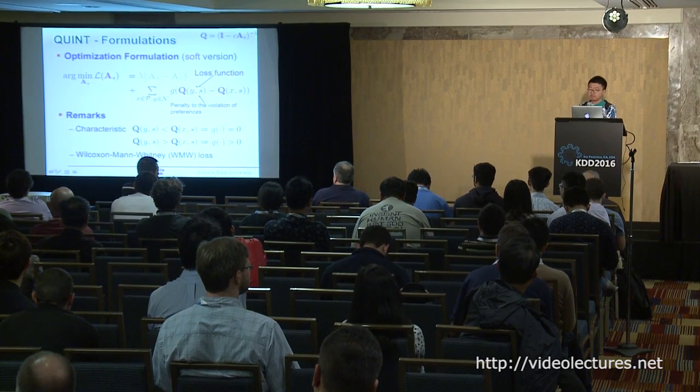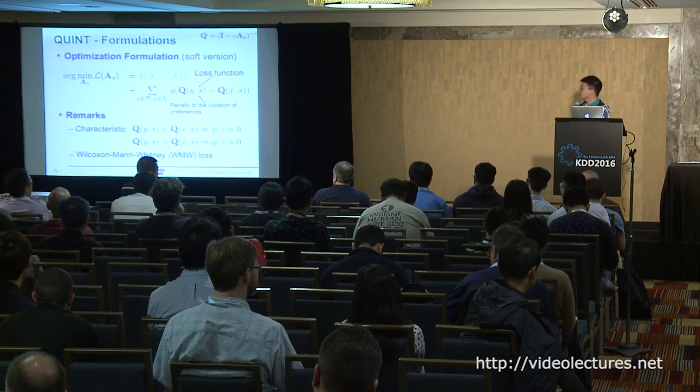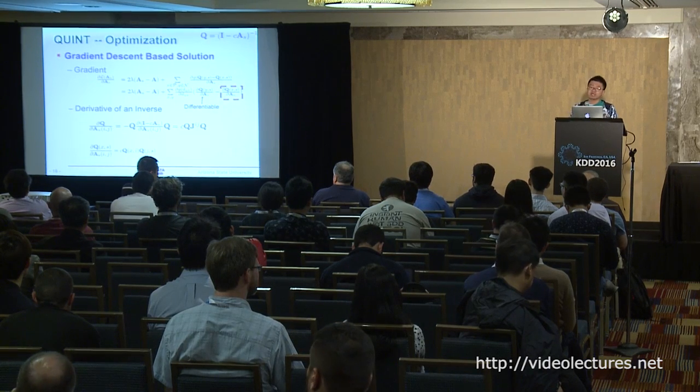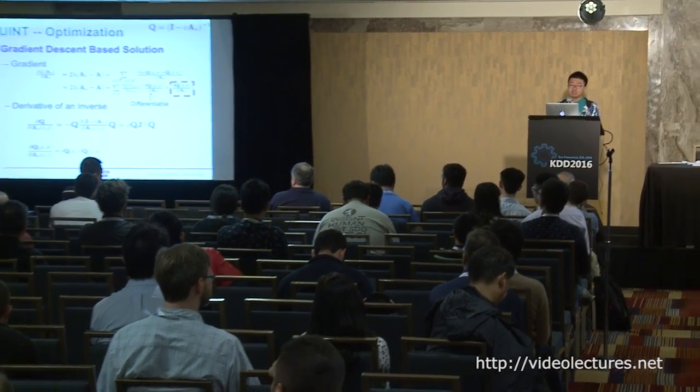And because this formulation is non-convex, our hope is to find a local minimum. So we use a gradient descent-based solution, and this is how we compute the gradient of the objective function with respect to A_S. Instead of walking you through the details, let me give you some intuition behind this computation.